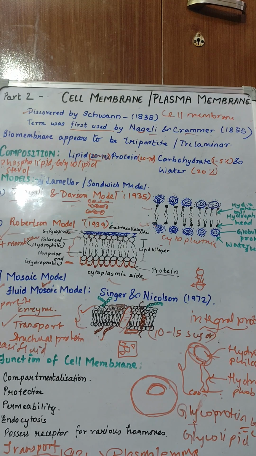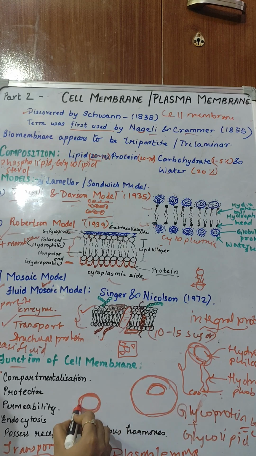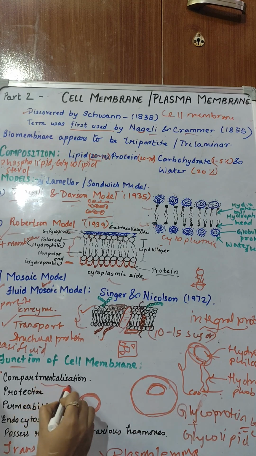Let us see the function of the cell membrane. First of all, compartmentalization. This cell membrane is helpful in forming the compartment. It is going to separate one organelle or one cell from the other, so it helps in forming the compartment.